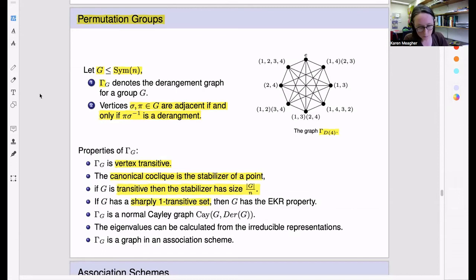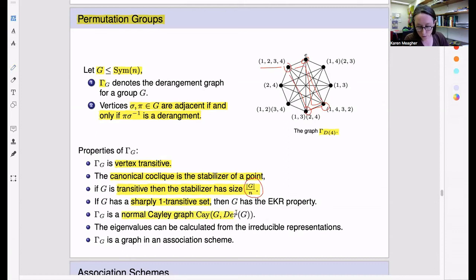If I have a sharply 1-transitive set, like I have right here, an n-cycle, I take the subgroup generated by that. That's going to give me a clique of size n. So if I have a sharply 1-transitive set, the clique-co-clique bound tells me that this is the largest intersecting set. So for sure, I'm going to have the EKR property.